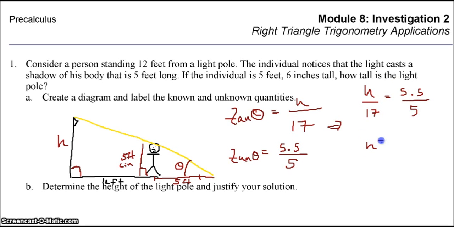Then I can find h to equal 5.5 over 5 times 17, and I get 18.7 feet high. And I think there's lots of other ways that we could solve this problem, but that's just the way that I solved it.